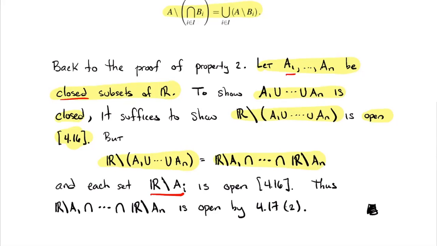So all those complements, the complements of A_i, are open, again by 4.16. The complement of a closed set is open. But by the property I proved above for 2 sets, and it follows from induction, the finite intersection of open sets is open. So the intersection of those complements is open, and therefore the finite union of those sets is closed. Nice.